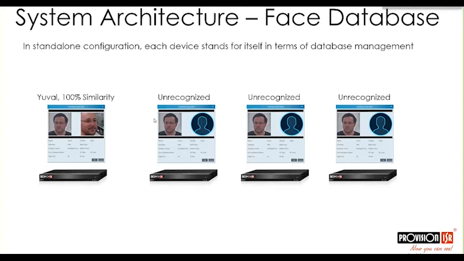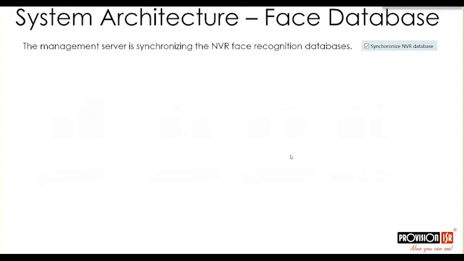Why? Because there is no mechanism that links these NVRs. So when you add Yuval here, his face will only be here. He will not be added to the other places. Now, what happens when you use the Enterprise version?